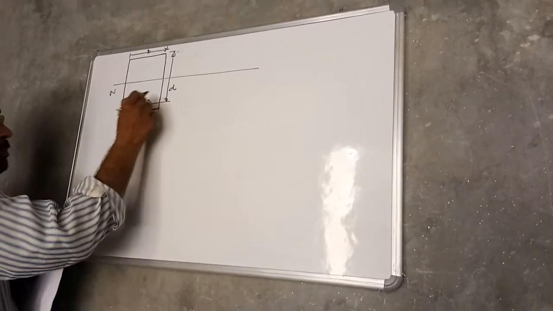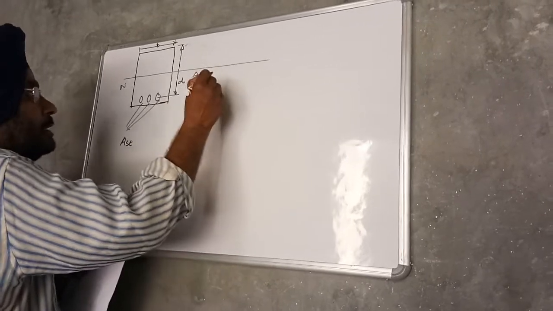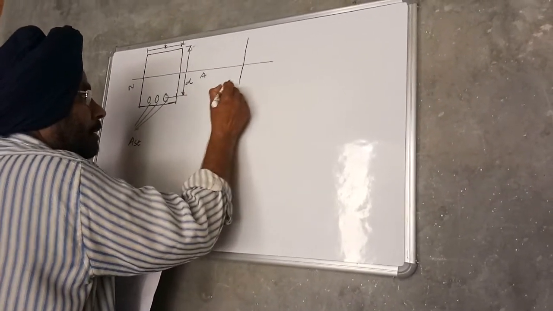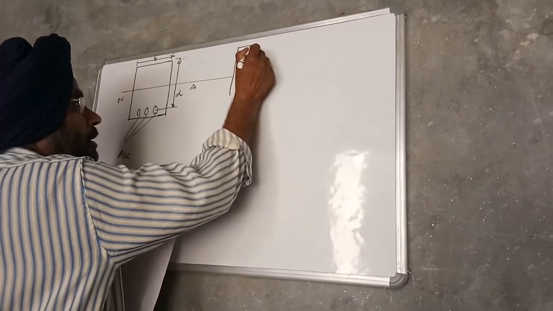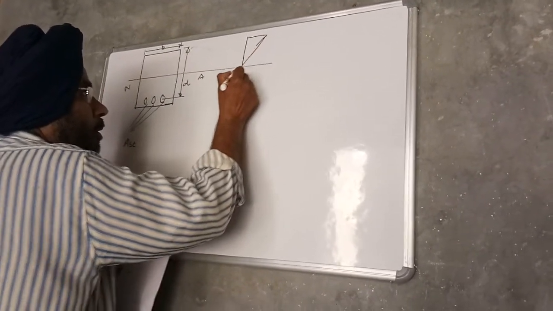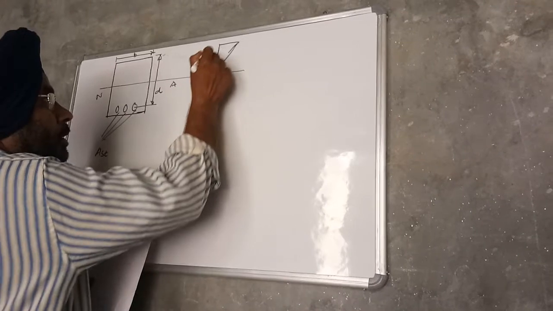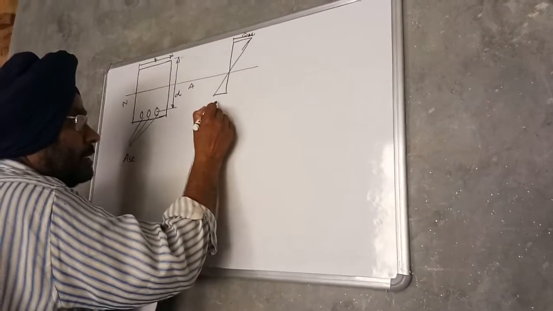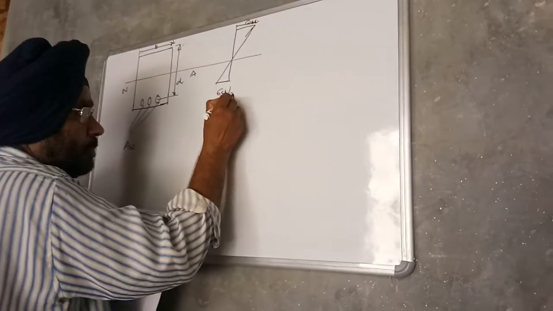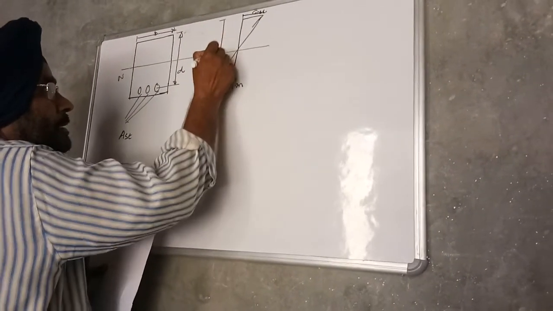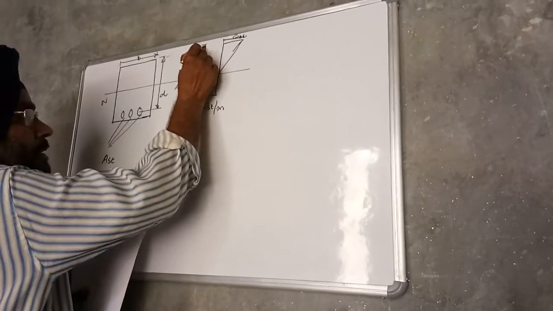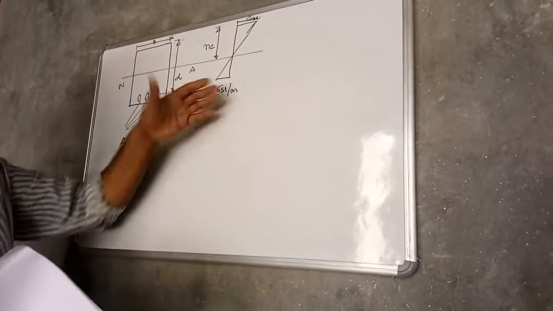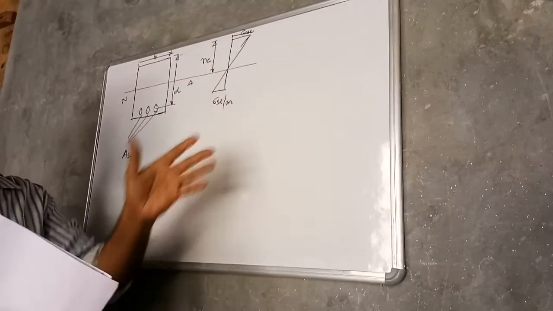So neutral axis, and the stress diagram is this: sigma CBC, and this is sigma ST upon m. Actually, this is the depth of critical neutral axis Nc, the depth of critical neutral axis for balanced section.